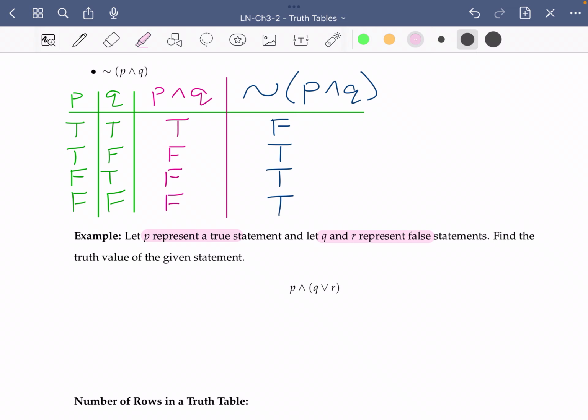We are going to find the truth value of P and Q or R. Now that Q or R is going to be taken first, so it's in parentheses. We're going to have to find the truth value of that before we do the conjunction with P. But we're going to go ahead and build out this one row of the truth table.